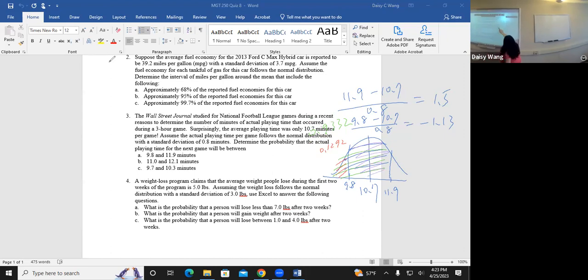So we have to use 0.9332 minus this. Okay, so what we got is 0.804 will be this area.